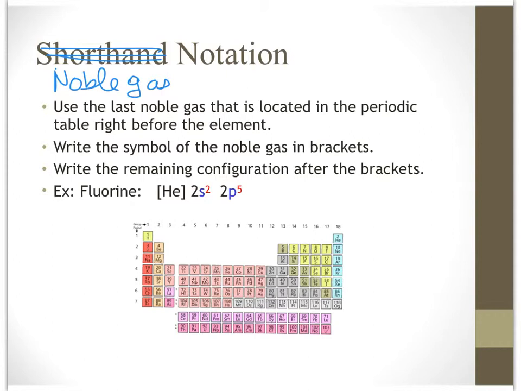Okay, so for fluorine, you write the noble gas in a bracket. So for fluorine, it's helium. Then, anything additional. The nice thing, and you can see this on this particular periodic table, it has what's called the period numbers on here. On the first row, the first energy level is filling up.